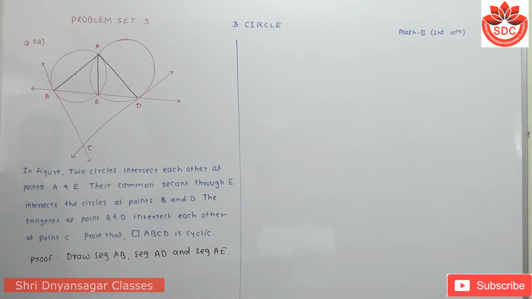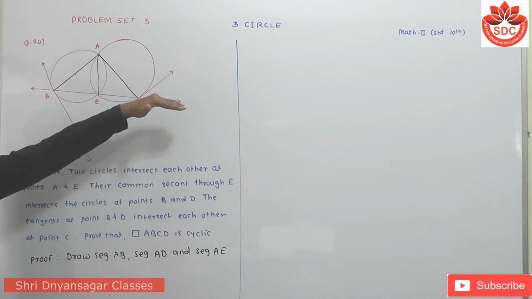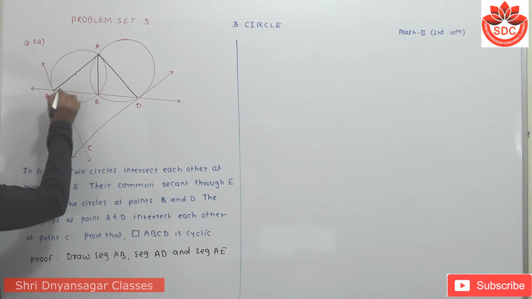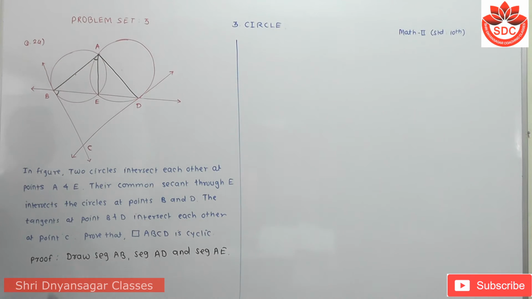Look here, for this circle, this is the tangent and this is the secant. So by using the tangent secant theorem, this angle and this angle are equal. Means that you have to also write by using the alternate segment theorem, angles in alternate segments.